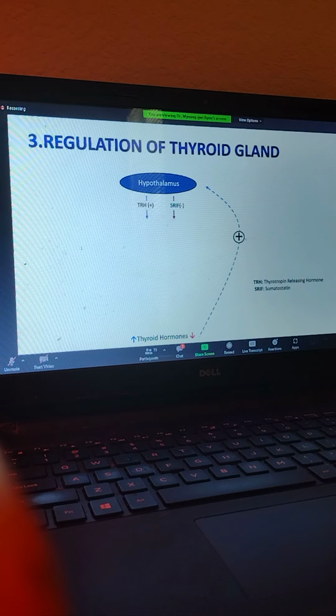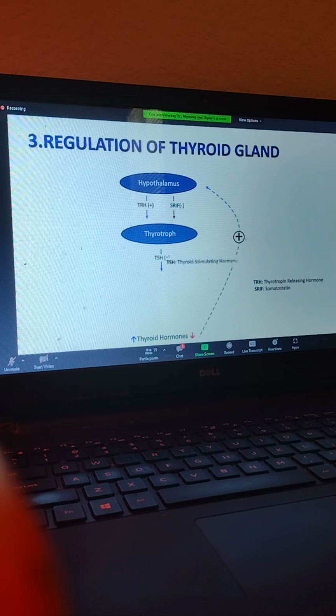So somatostatin goes down, the releasing factor goes up, and then it stimulates the anterior pituitary gland, the thyrotropes. Again, the anterior pituitary gland has a lot of trope cells, and among them, the thyrotropes make TSH, which is a very important hormone.